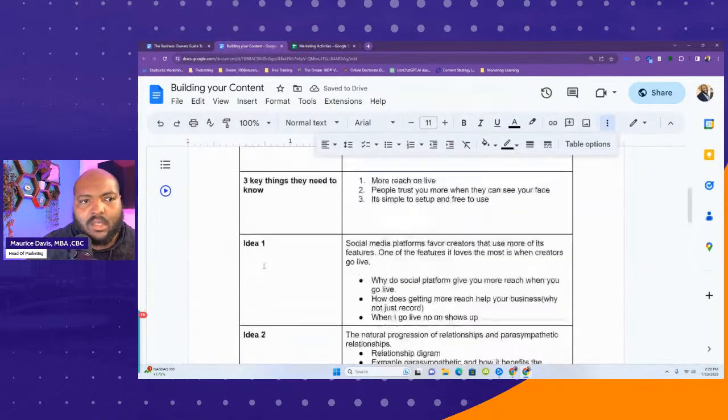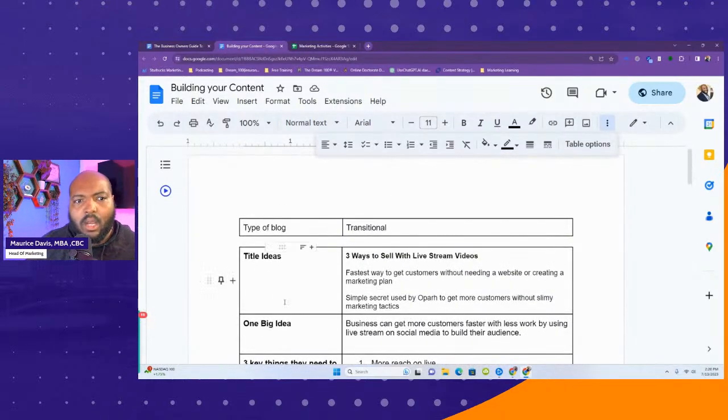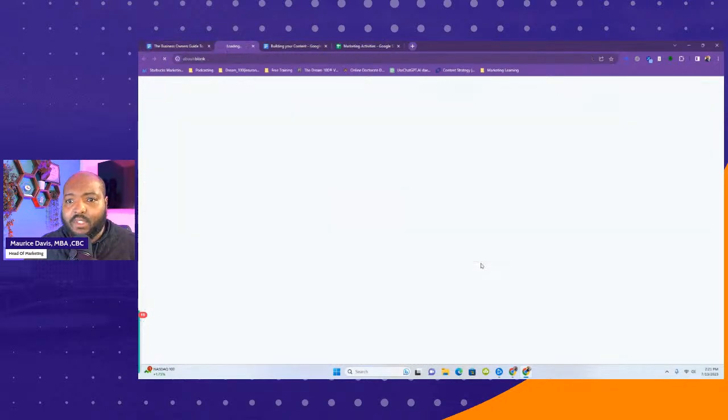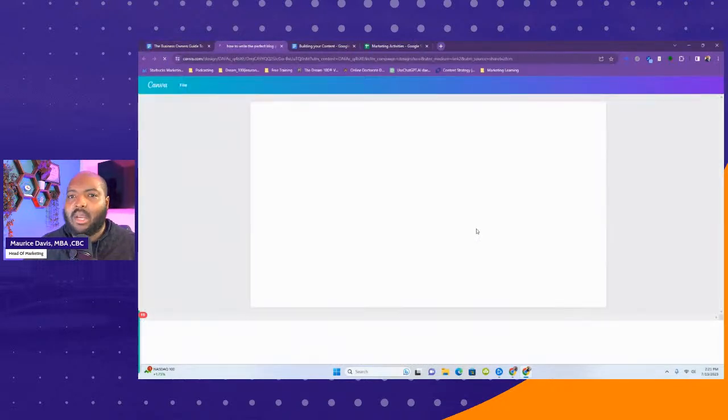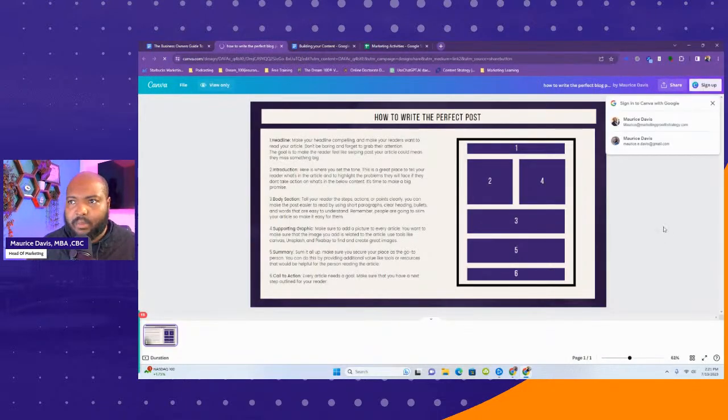Oh, this is essentially the format, right? Now, this is how it looks raw. If we were to go back and get a visual of what we're going to end up creating, it will look something like this: title, introduction, image, our body section, which has our three key pieces, our summary, and our call to action.